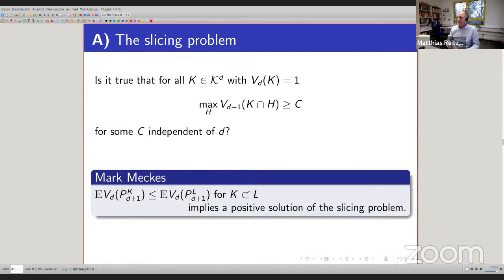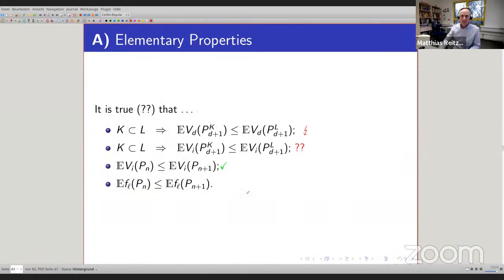And disproving the monotonicity property tells us that this is not the way to attack the slicing problem. So the monotonicity sadly does not hold, but this was the motivation for being interested in this monotonicity property. Okay, so we have disproved the first.